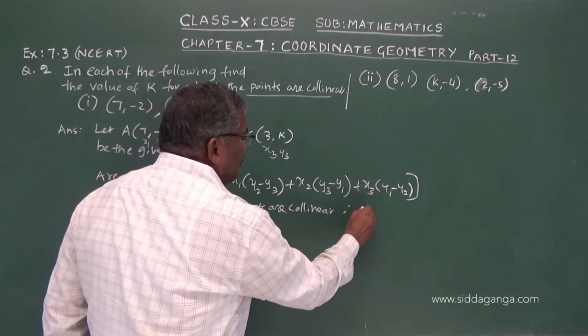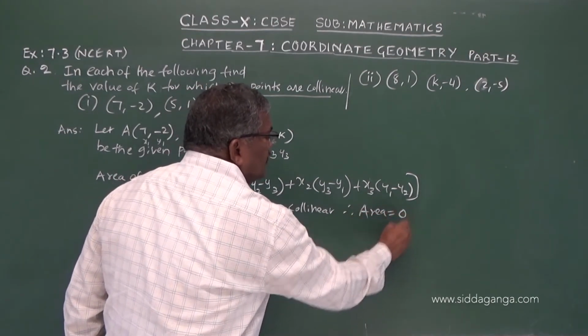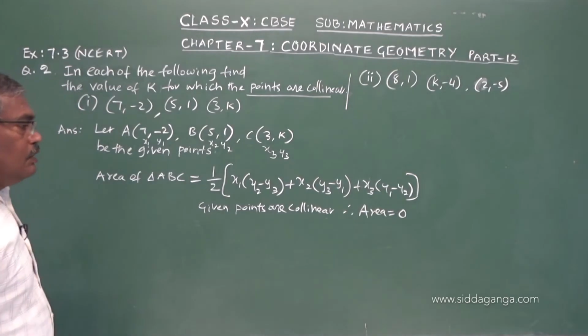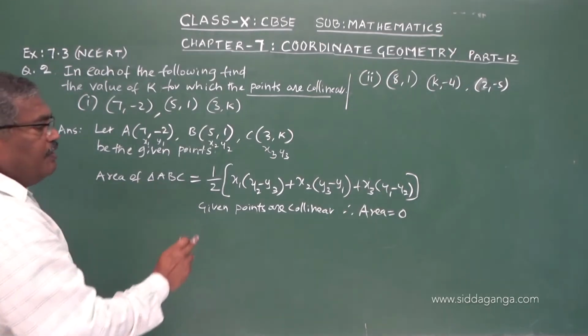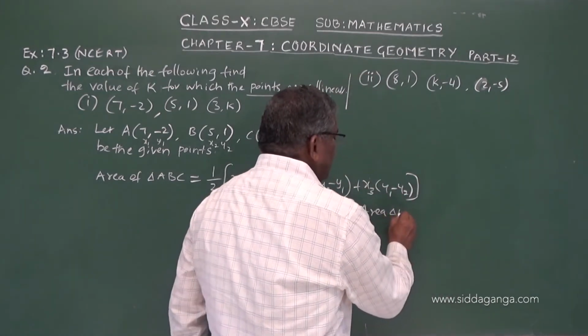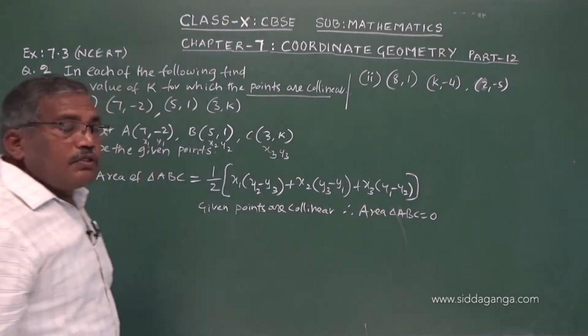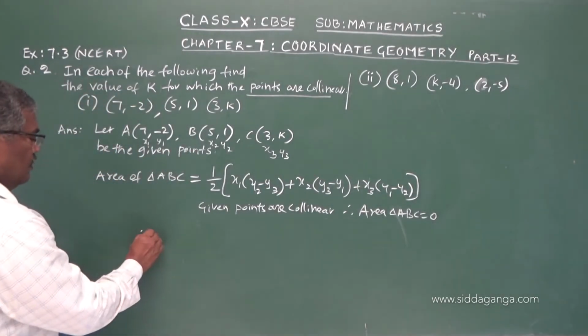So area of triangle ABC will be equal to 0.